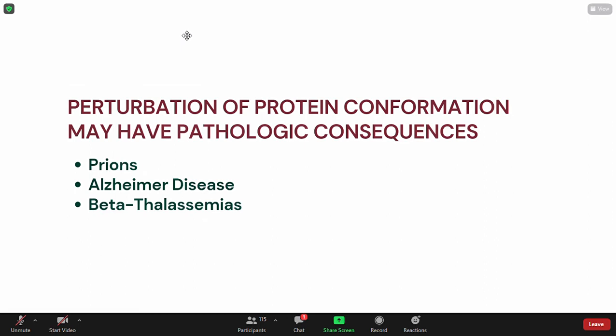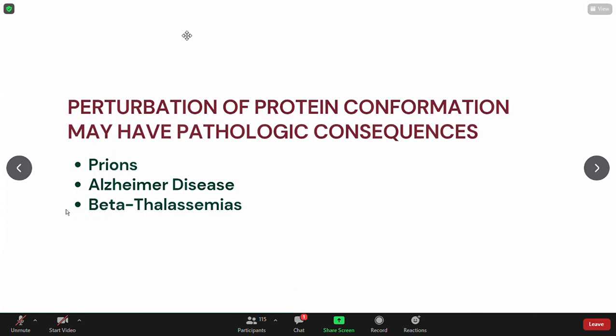Perturbations or disturbances of protein conformation may have pathological consequences like prion proteins, proteins that cause Alzheimer's disease and beta thalassemias. Beta thalassemias are those where the beta subunit of your hemoglobin, the globin portion, is defective.